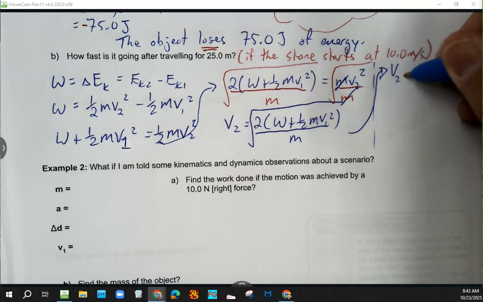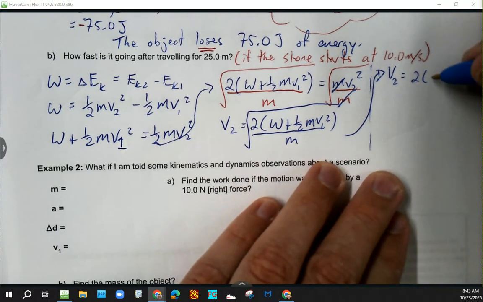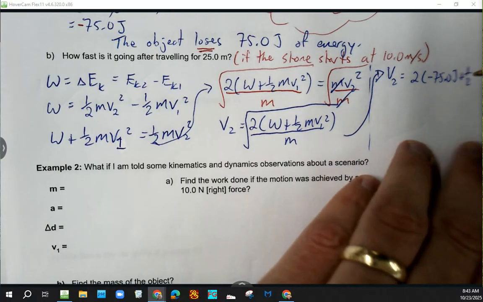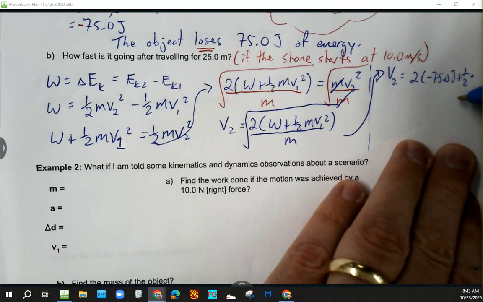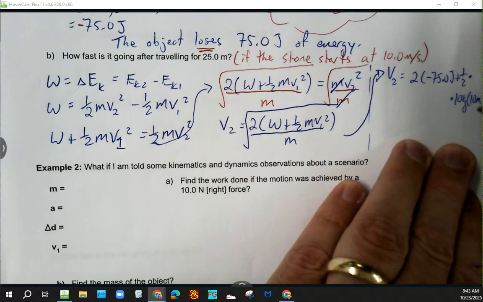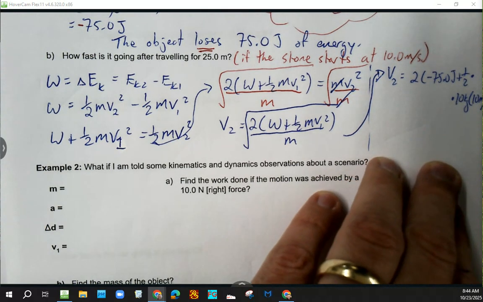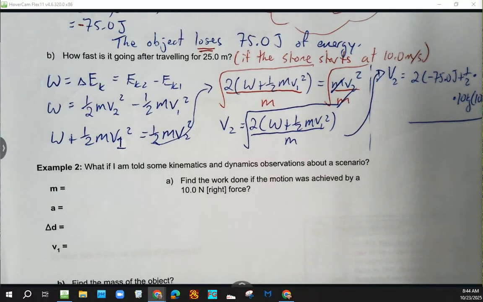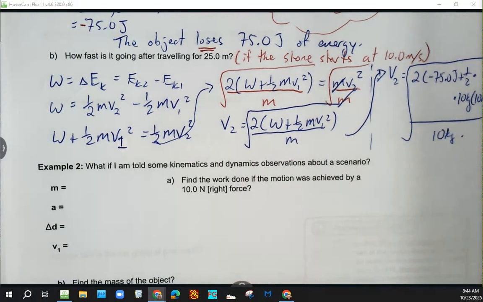So V2 is equal to 2 times the work done, negative 75.0 joules, plus 1/2 times, I'm gonna have to wrap around, 1/2 times the mass was 10 kilograms, times 10 meters per second squared, and then close off that bracket, all divided by 10 kilograms and square root the whole shebang. Oh my gosh, don't show a math teacher that I just did that.